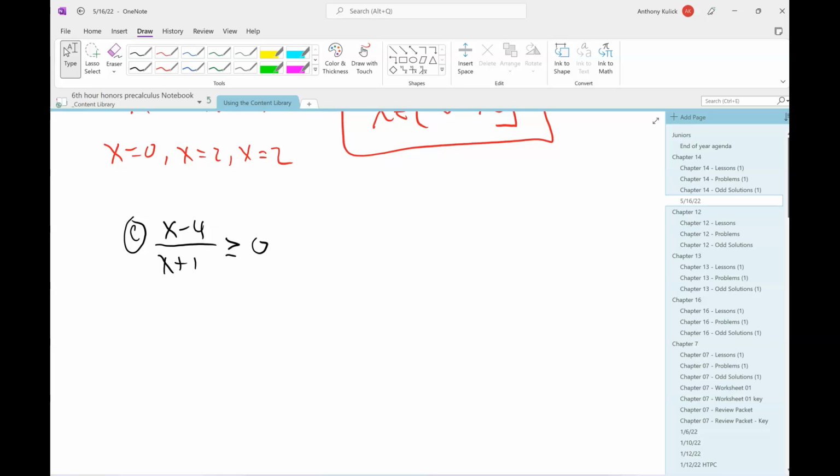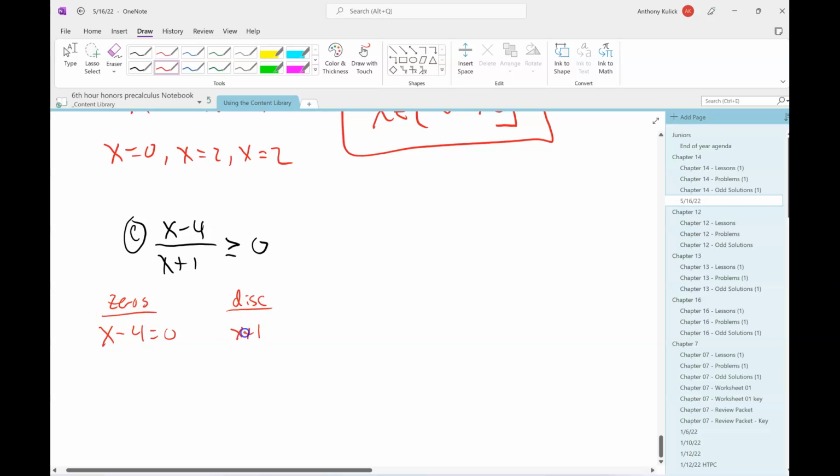At its zeros and its discontinuities. So the vertical asymptote is a type of discontinuity, so that answer was fine as well. It was more specific than I was looking for, but perfectly sufficient. Everybody's cool?